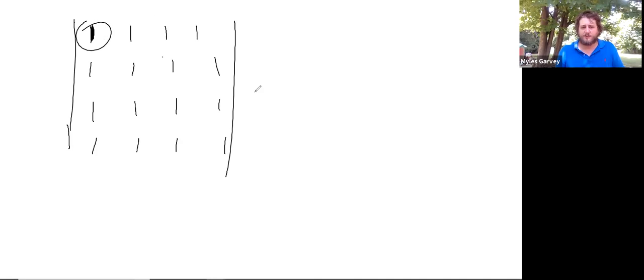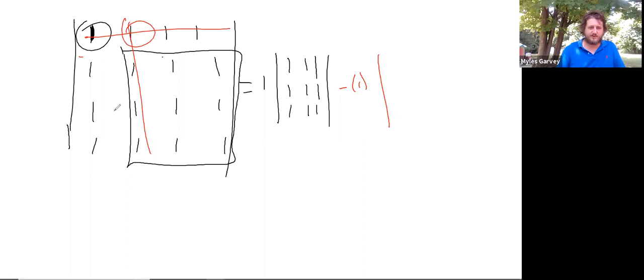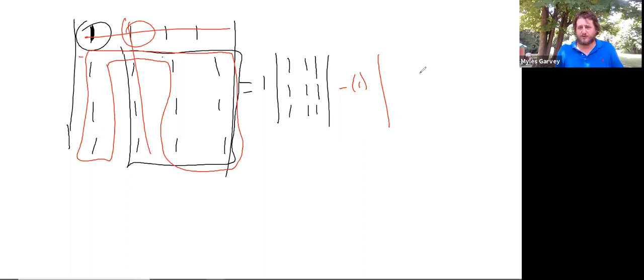And we do 1 times the determinant of this matrix, meaning this one. We then subtract that with 1 times the determinant of this matrix, which of course is 1, 1, 1, 1, 1, 1, 1, 1, 1.